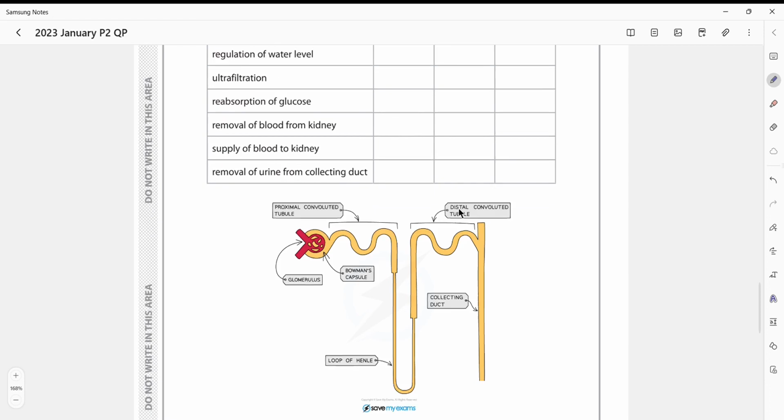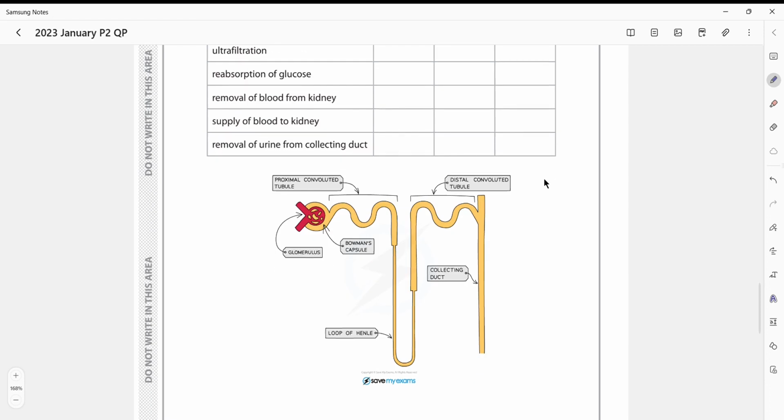So at the bottom, I've just included a diagram of a nephron just to do a brief recap. So here, blood will enter by the renal artery, and then it will exit via the renal vein.